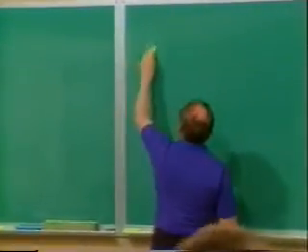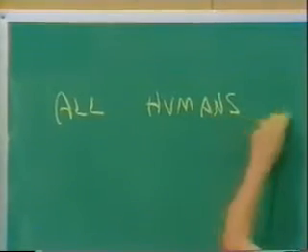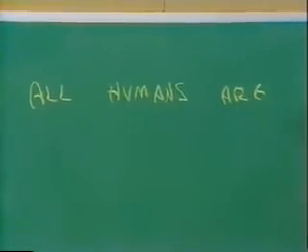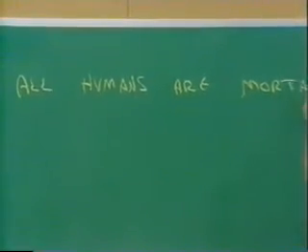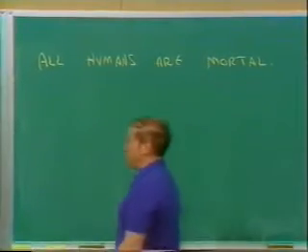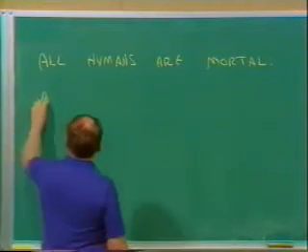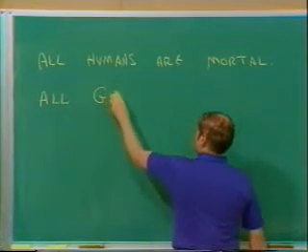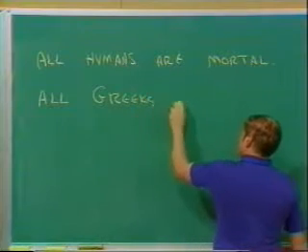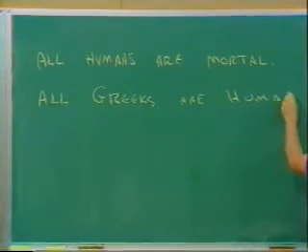Let's say, all humans are mortal. Right, so it's pretty classical logic. And then maybe we'll continue in the very best classical tradition. Let's make it really classical. All Greeks are human. Right?